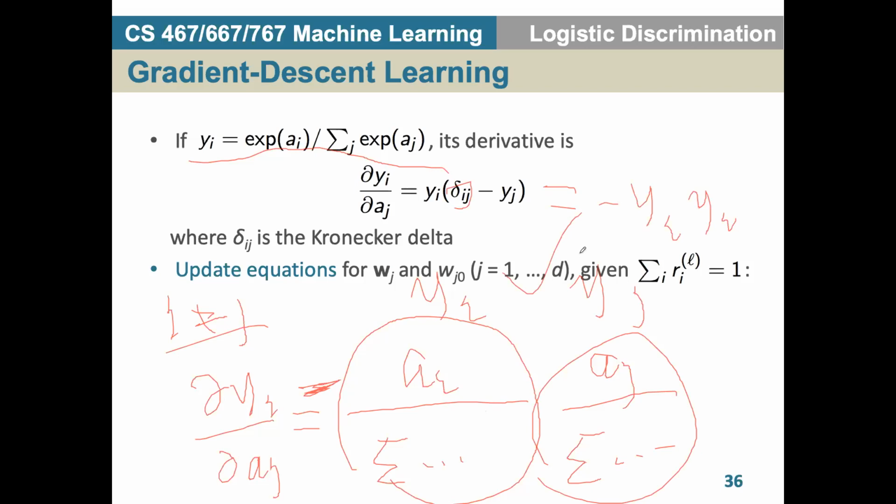Any questions? Yes, Professor. If we are summing the denominators, how would you know you're doing the differentiation with respect to that class? So let me try to answer your question.